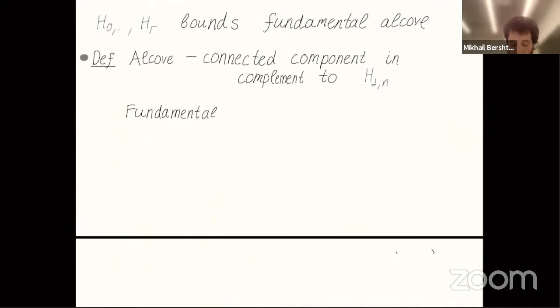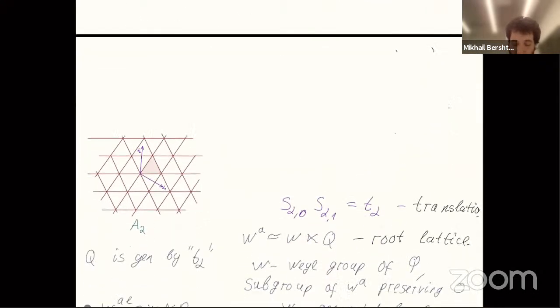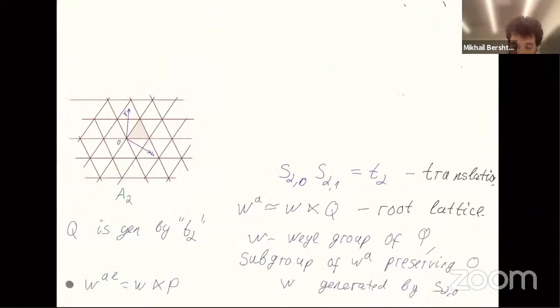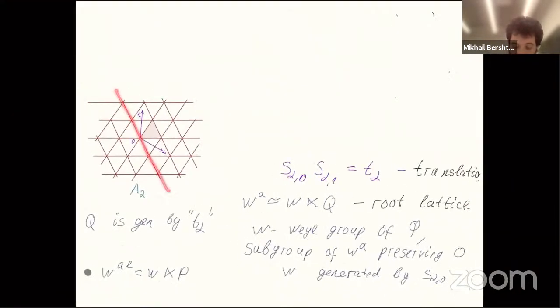Another suggestive picture is the following. Our group is generated by reflections with respect to all lines parallel to these three lines, which are orthogonal to the roots. This line is orthogonal to root alpha 2, this line is orthogonal to root alpha 0, and this line is orthogonal to the root alpha 1 plus alpha 2.